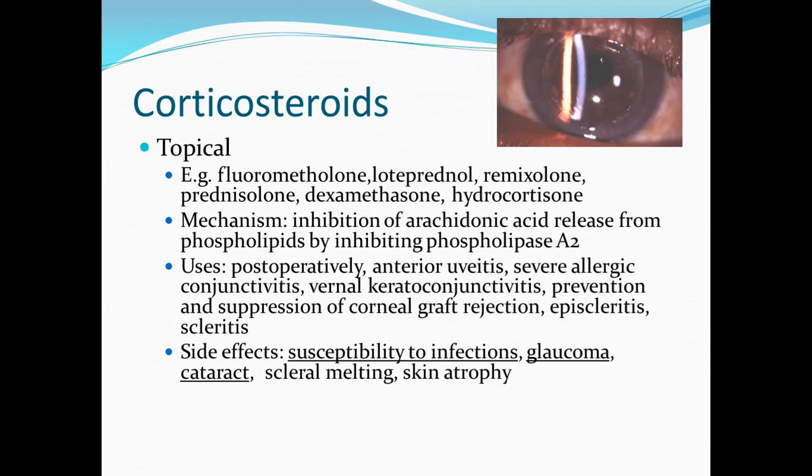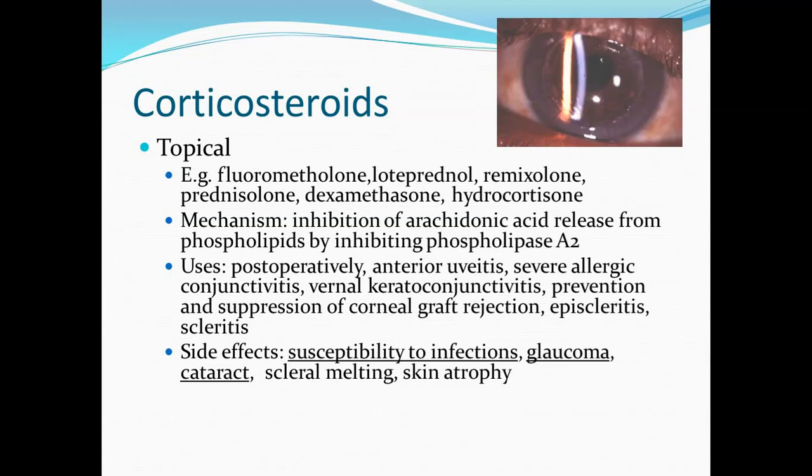So, what is the mechanism of action of corticosteroids? It inhibits arachidonic acid release from phospholipids by inhibiting the enzyme phospholipase A2. What are the uses of corticosteroids in ophthalmology? They are one of the most common drugs which are used post-operatively. They are usually given as a combination with an antibiotic.